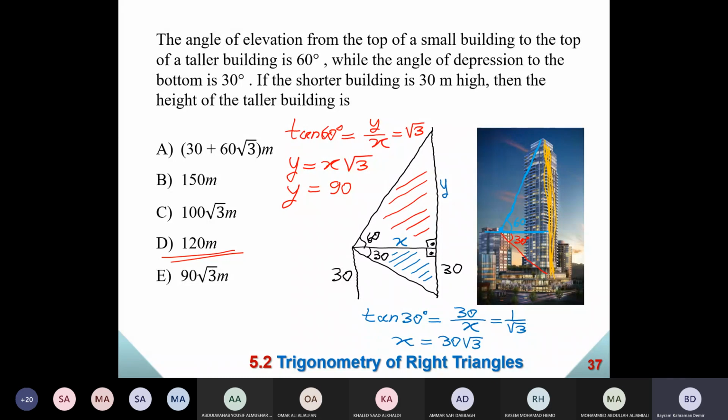All right. I guess we solved a good amount of questions, and as you realize, we are just repeating the same thing again and again. Tangent 30, tangent 60, sometimes sine. So it's just a matter of understanding the story and sketching the correct image.